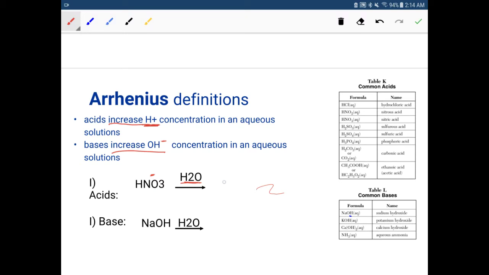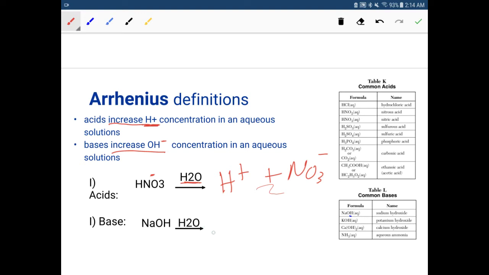HNO3 dissolved in water will produce H plus and NO3 minus. So it will ionize, producing H plus ion and an NO3 minus ion. So it will increase the H plus ion, making it an Arrhenius acid.